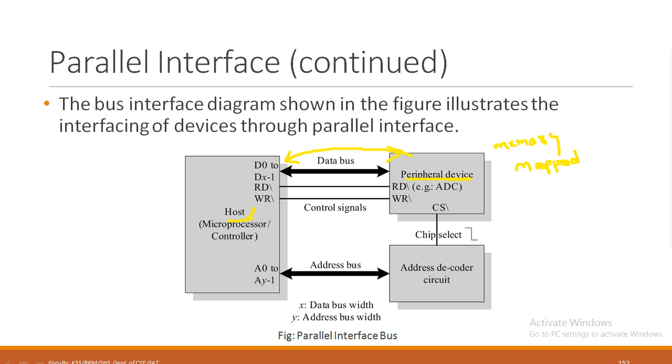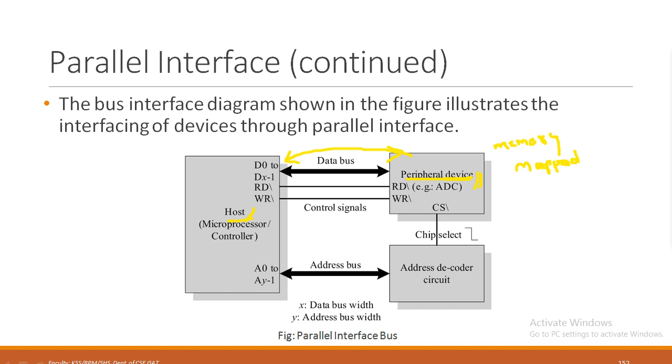What does memory mapped IO mean? The host determines the device by using a memory address that is shared with the main memory address. The main memory address and device address fall under the same set. There are no separate device IO addresses.